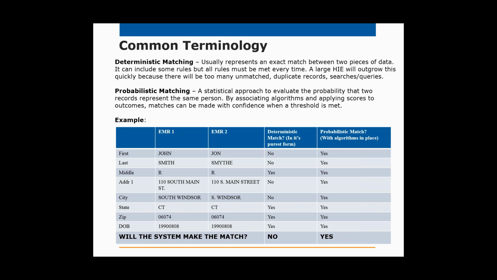So if we look at our deterministic and probabilistic columns, you can see that deterministic would say nope, not a match. And depending on how our algorithms are set up, if we allowed John and Jon with those two spellings to be a match, if we caught street, the full word, and street, ST period, and said, when you see those two, they mean the same thing.